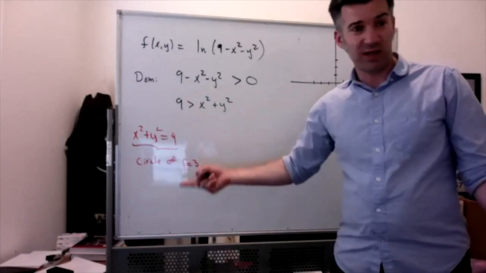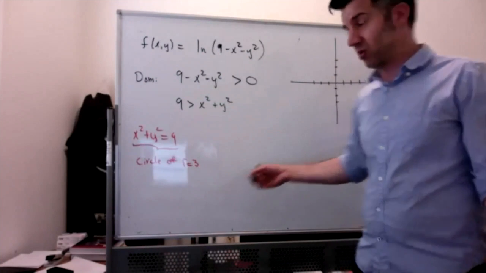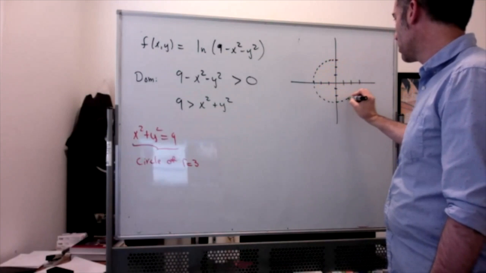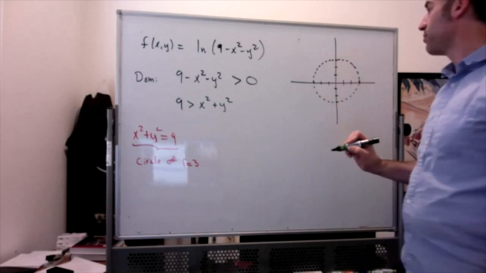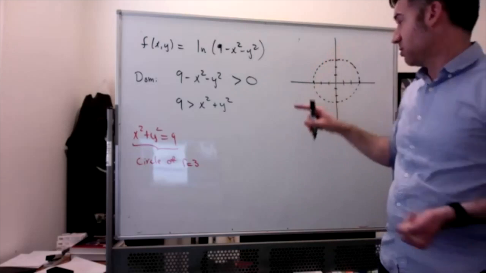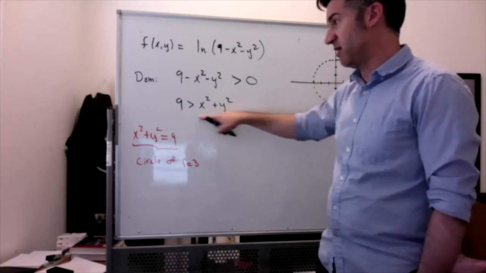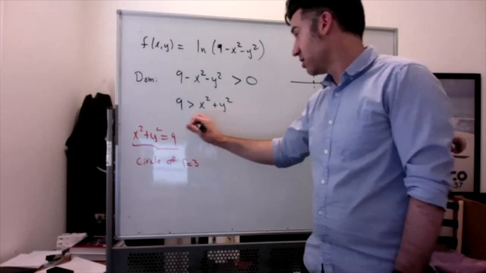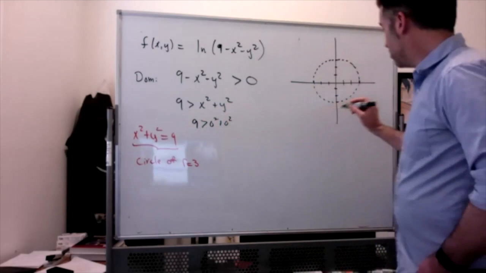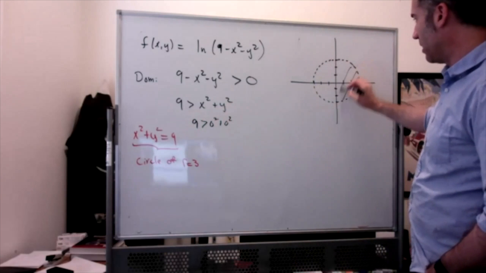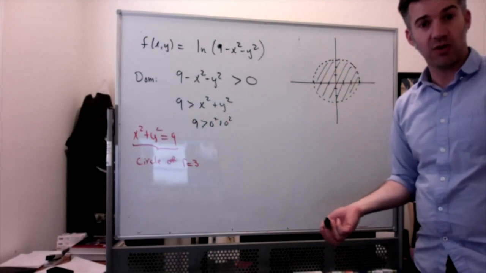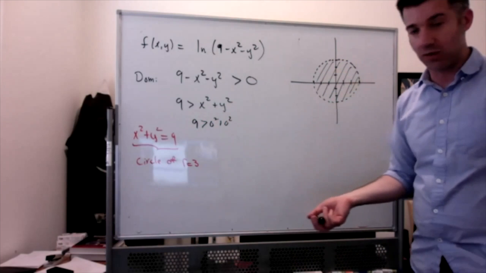I don't want x squared plus y squared to equal 9, which means I don't want any of the actual circle. But it's still going to act as my boundary. So I'm going to draw it dashed like that. And then again, we ask the question, do we want the insides or the outsides? So pick 0, 0. Does 0, 0 satisfy this inequality? It does. 9 is greater than 0 squared plus 0 squared. So everything inside, but not including the edge of the circle or the boundary of the circle, is the domain.